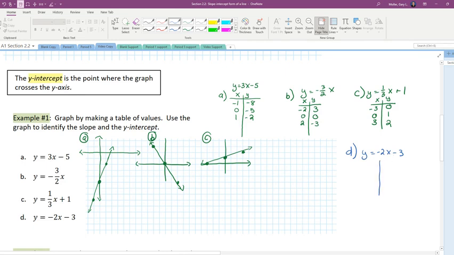Quick table. Now it doesn't matter. I'm not dividing, so I'll just go back to negative 1, 0, and 1. Do the math in my head. Negative 1 times negative 2 is positive 2. Minus 3 is negative 1. Plug in 0, I get negative 3. 1, I get negative 5.